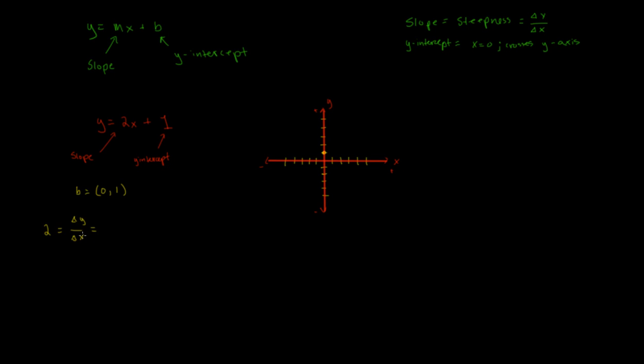We're looking for a fraction with a y on top and an x underneath it. Now, 2 is actually the same thing as 2 over 1. We can rewrite 2 as 2 over 1, since 1 goes into 2 twice. So this actually is our change in y over change in x. Y is a change of 2, and x is a change of 1.